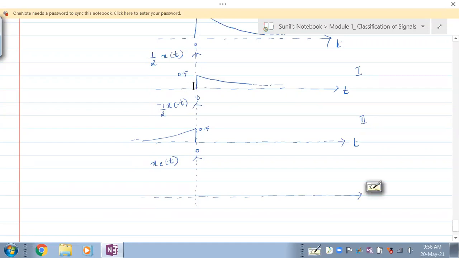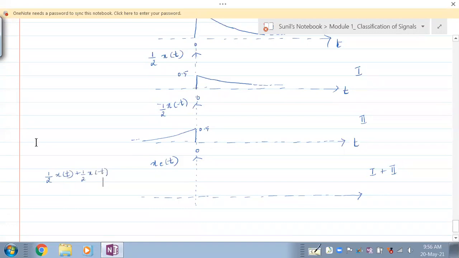On the left-hand side, you have 0 here. So this is performing first signal plus the second signal, because x e1 of t is half x of t plus half x of minus t. So you're adding the two signals.